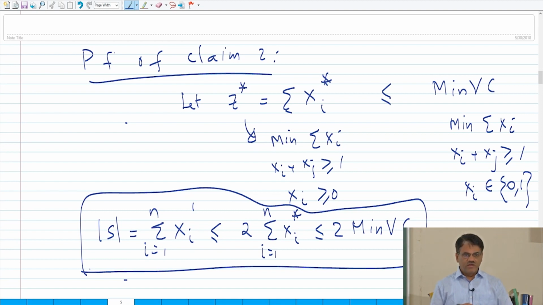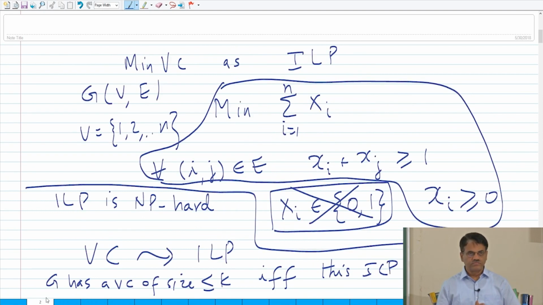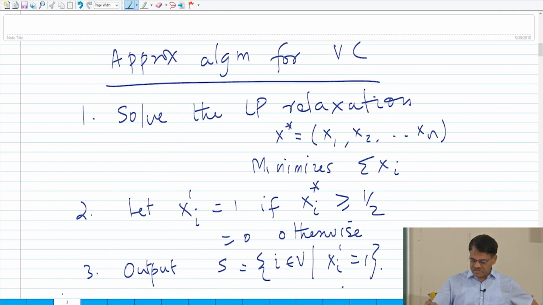So, how do I formulate the weighted vertex cover problem as a linear program? That is it: minimize summation Wi xi, nothing else changes. Minimize Wi xi subject to this constraint with the integrality condition, and I relax it. Same algorithm, do this rounding.